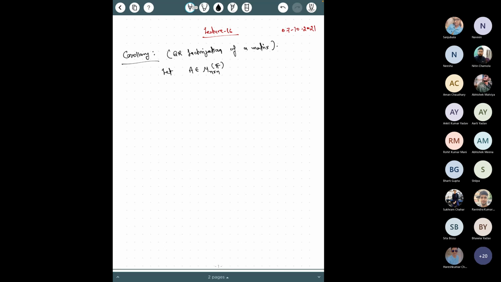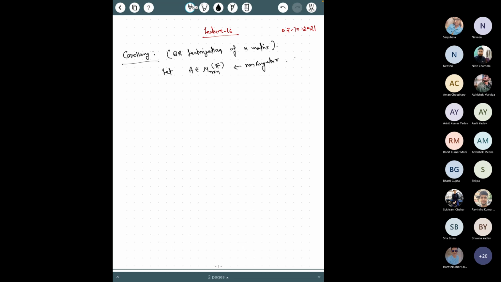But as a corollary of what we did in the last lecture, this follows. So let A be non-singular. We don't require this assumption in general, but for this explanation, let us assume it. Non-singular means it's an invertible matrix because it's an n cross n matrix.